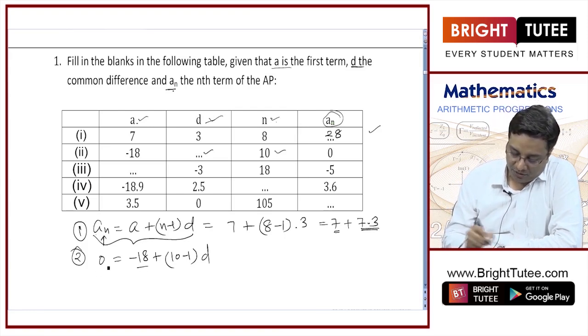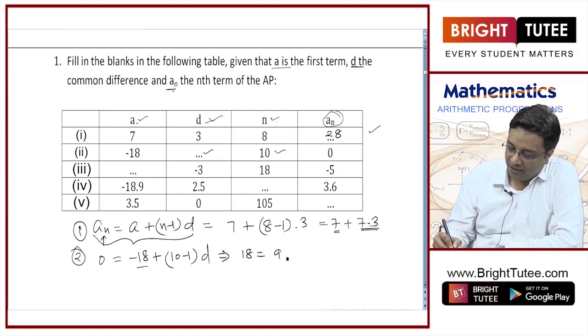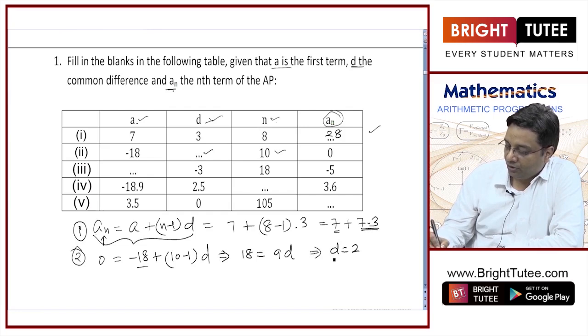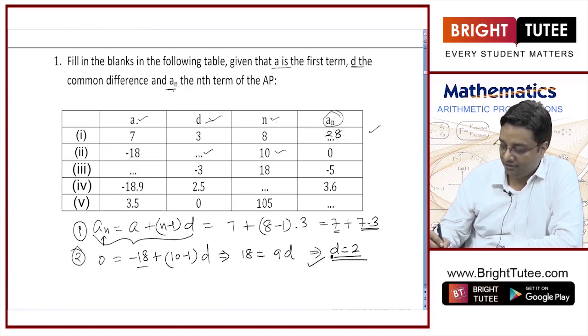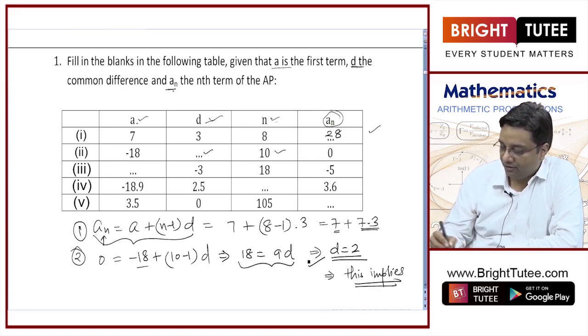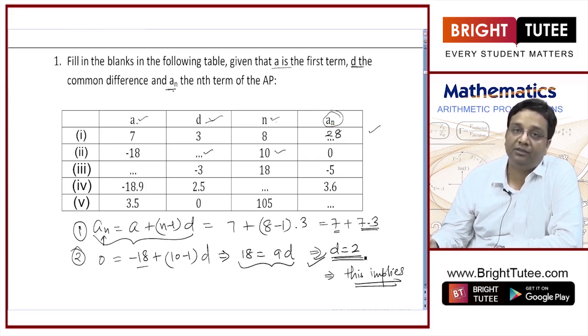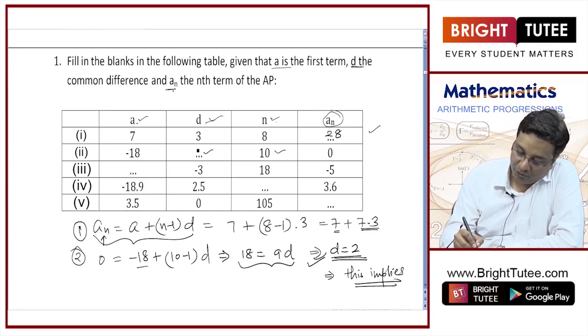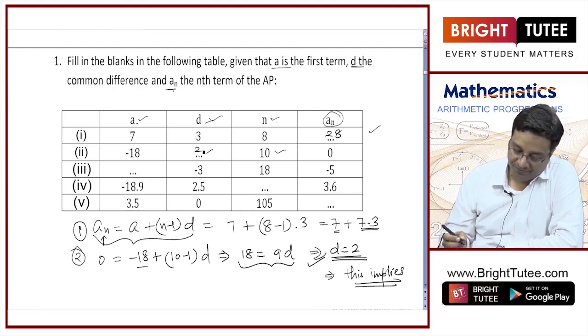You take 18 on this side, so this will give you 18 equal to 9D, hence D is equal to 2. This is the symbol of 'this implies'. So this implies that D is equal to 2. So we will put 2 here.